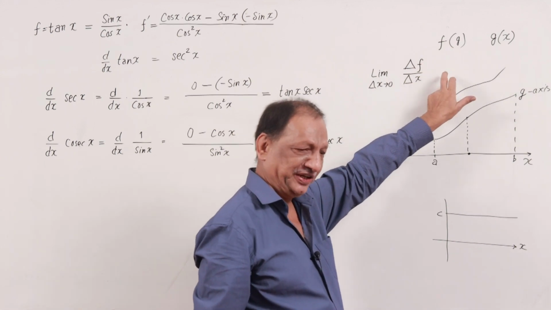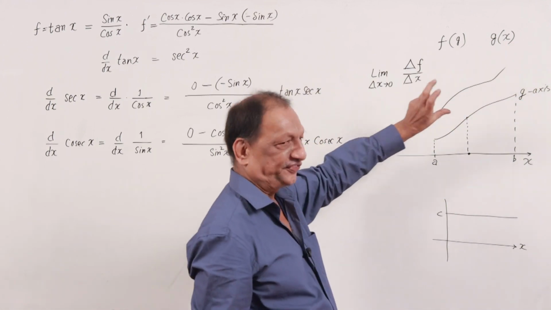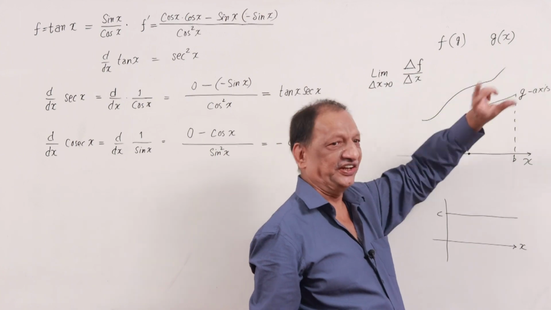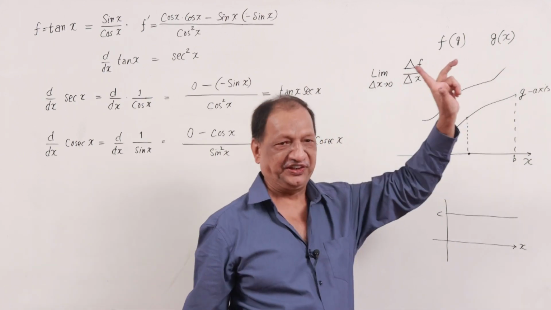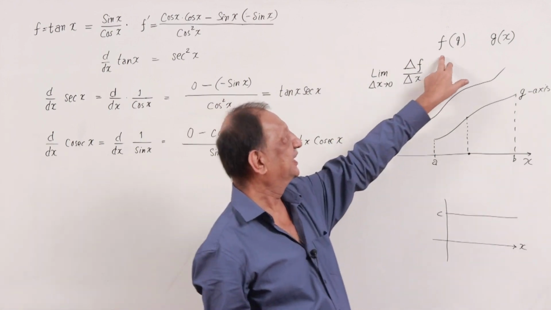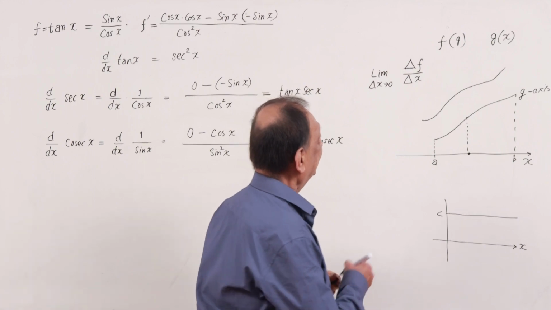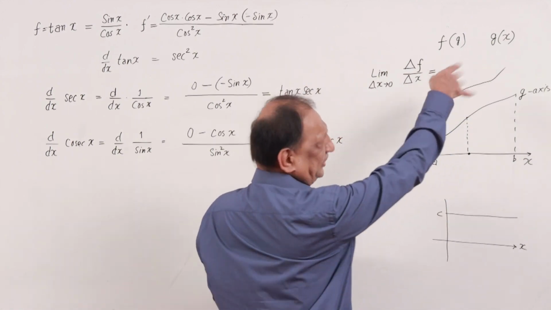Actually, nothing happens immediately. You have another function g of x. Whenever x changes by delta x, this g changes by delta g, and because of that delta g, f will also change. So that is why we write that as delta f by delta x, even though there is no x mentioned anywhere here. This you can simply rewrite. Here this delta g is coming in between.